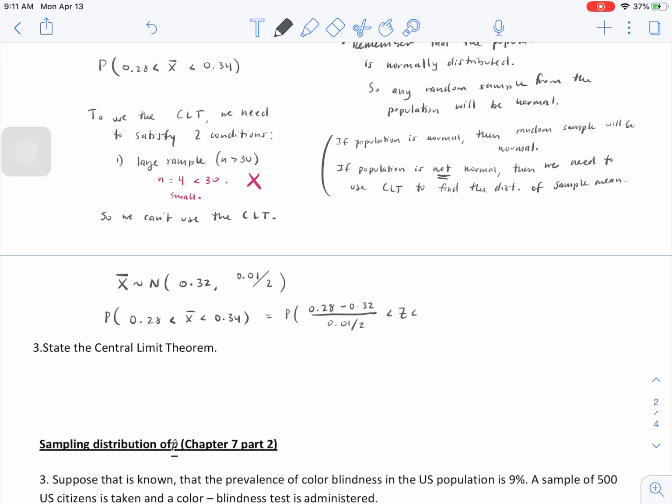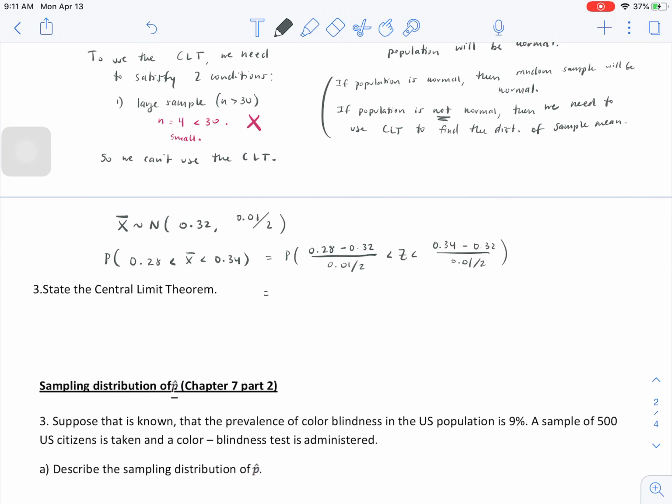And we do the same for 0.34. So we take 0.34 minus 0.32, divide by 0.01 divided by 2. If you plug these z-scores into your calculator, you should get negative 8 on the left-hand side and positive 4 on the right-hand side.